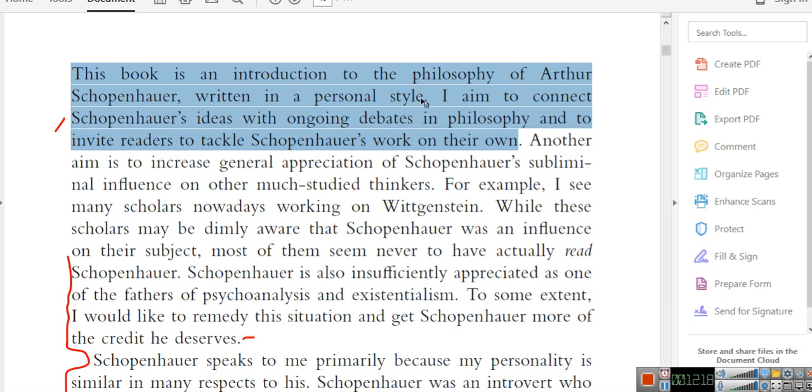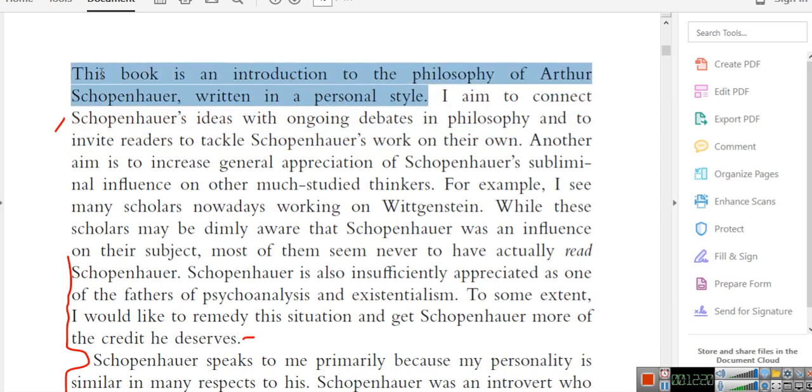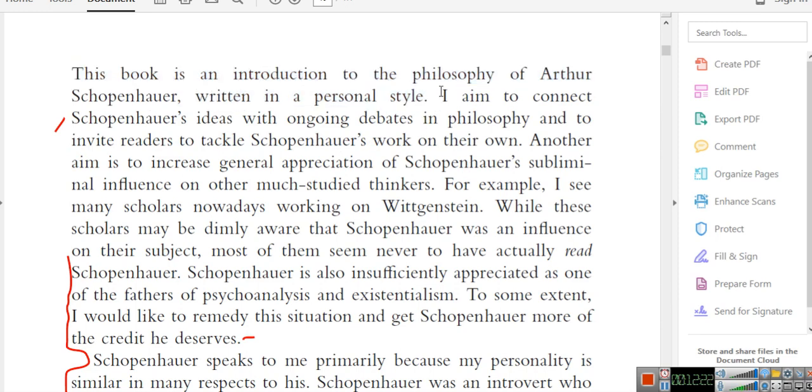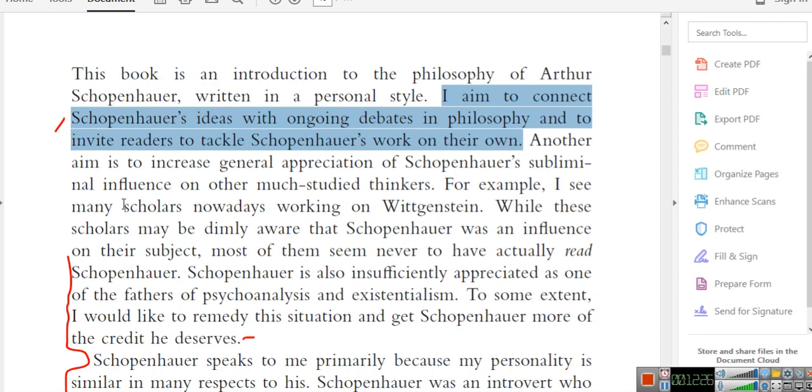Oh, here's the first full stop, I'm sorry. This is the first sentence. Then, I have another sentence right here. It says, "I aim to connect Schopenhauer's ideas with ongoing debates in philosophy, and to invite readers to tackle Schopenhauer's work on their own." Second sentence there.